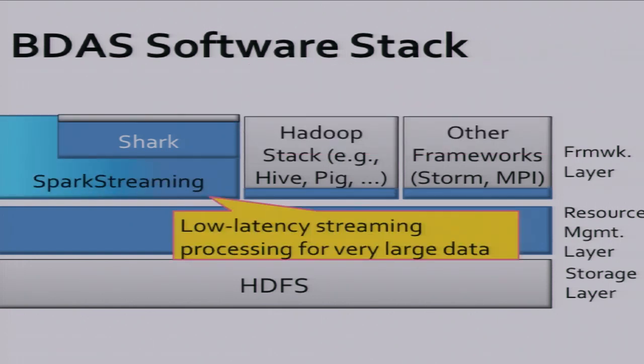Now, more recently, we are starting to add streaming capability to Spark, and we call this new framework Spark Streaming. Spark Streaming, as the name suggests, provides large-scale stream processing while handling failures transparently and efficiently.